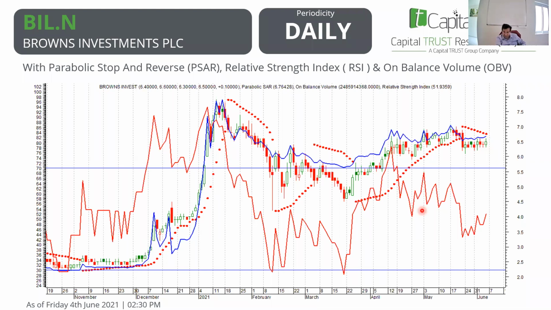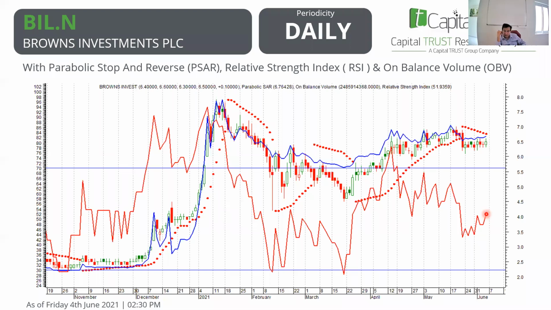Then RSI is very low. I think this is the RSI scale on this side. Just a neutral RSI. Upwardly rising relative strength, but not strong enough. That is why it has failed to break out.